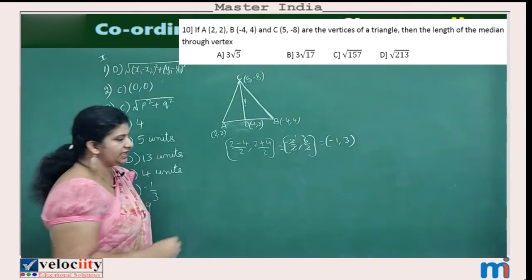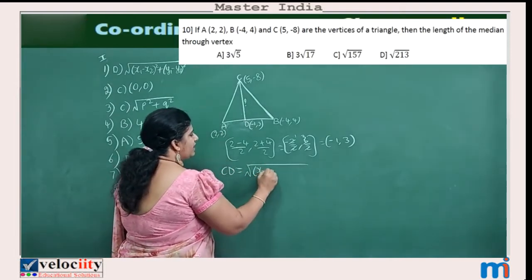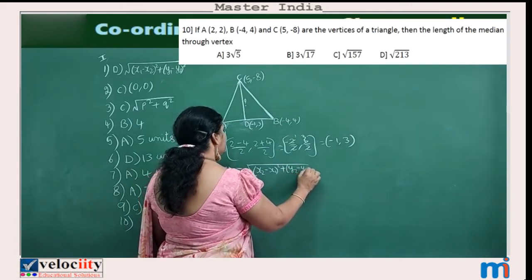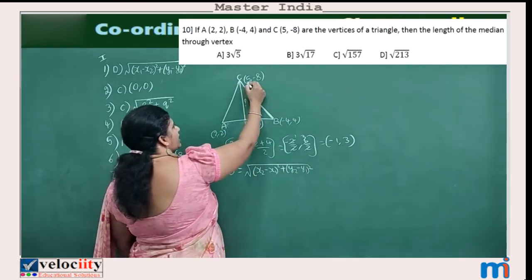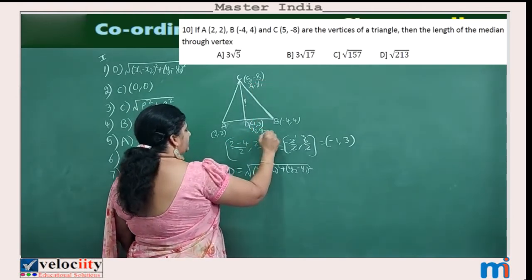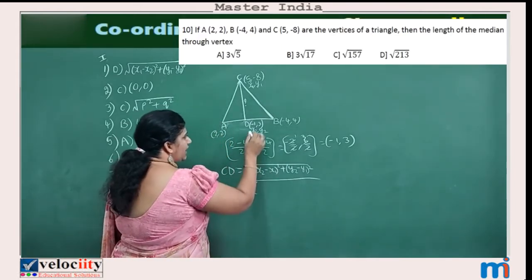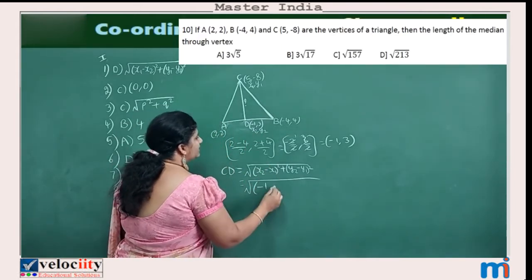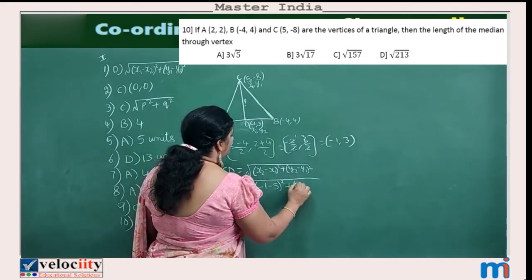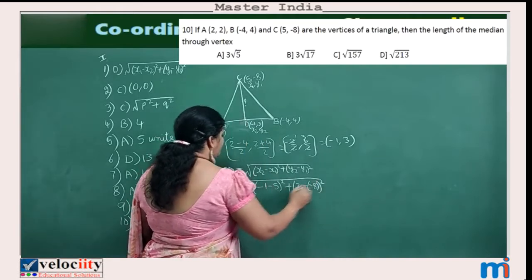Find the length of CD. Distance CD is equal to square root of (x2 minus x1) whole square plus (y2 minus y1) whole square. Anyone you can take as x1, y1, x2, y2. Substitute in this. Square root of x2 value is (-1 minus 5) whole square plus y2 value is (3 minus of minus 8) whole square.